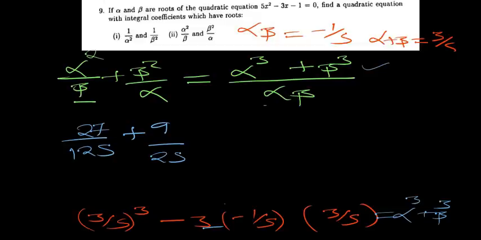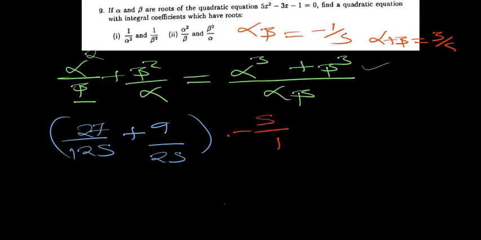So now don't forget we're supposed to divide by that alpha beta. I already showed you that dividing by alpha beta, which is negative 1 over 5, is as good as multiplying by the reciprocal, which is going to be negative 5 over 1. Okay, so that can make our work a bit easier.